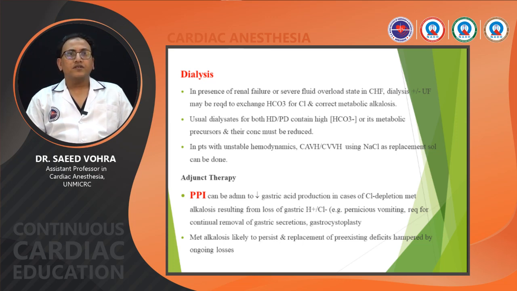However, usually the dialysate for both HD and peritoneal dialysis contains high bicarbonate or its metabolic precursors, and their concentration must be reduced. In patients with unstable hemodynamics, you may need continuous venovenous hemodialysis using NaCl as replacement solution. Adjunctive therapy is a proton pump inhibitor.